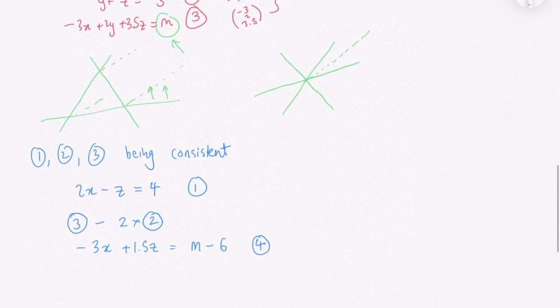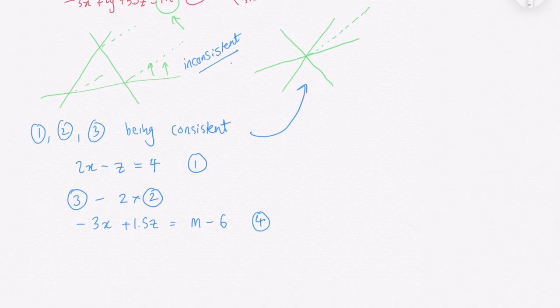If equation 1 and equation 4 are consistent, then we're going to have this situation. If they are inconsistent, we will have this situation where we have a triangular prism in 3D space. Notice that the x and z in equation 1 and equation 4 are in the same ratio, so for these to be consistent, they need to tell us the same thing.